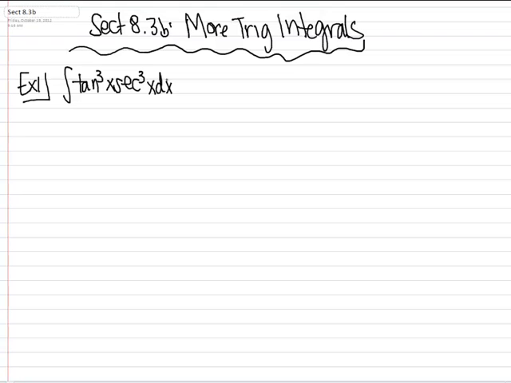This particular type that I'm focusing on here involves an odd power of tangents. So when you have an odd number of tangents, what we're going to do is separate out a tangent x, secant x.